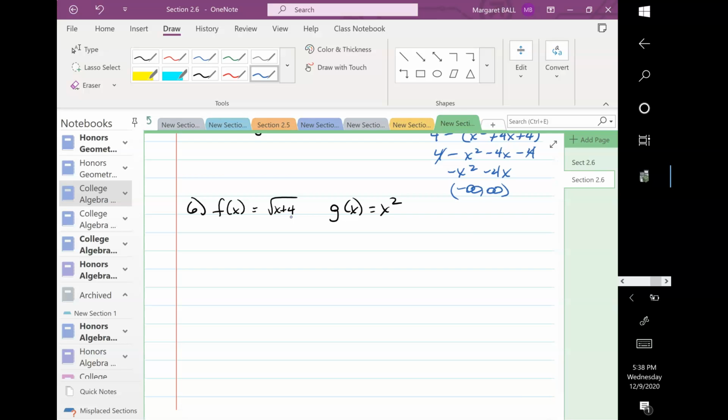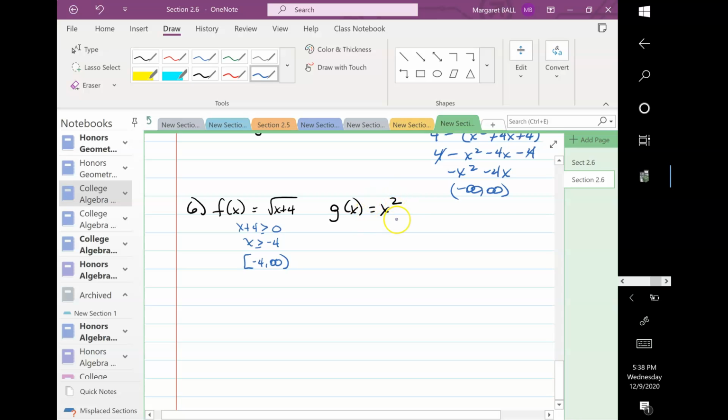We cannot have negative numbers underneath the square root. So that means that x plus 4 has got to be greater than or equal to 0. So x has got to be greater than or equal to negative 4. So the domain is from negative 4 to infinity.